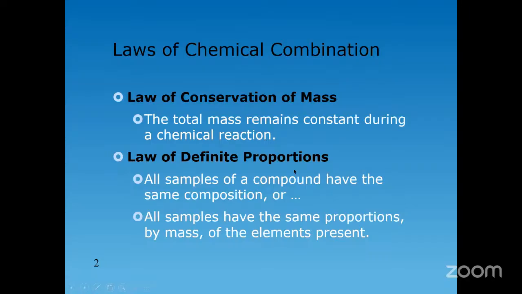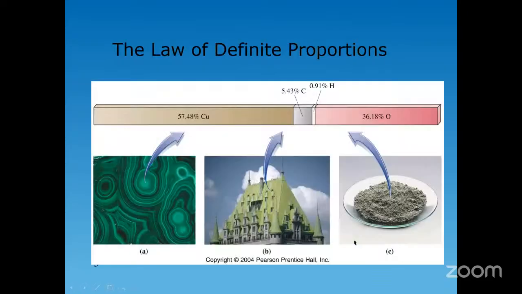Then the next law is the law of definite proportions, right? What this law says is that all samples of a compound have the same composition. Another way of stating it: all samples have the same proportions by mass of the elements present. Here's an example of a compound. I think this is copper(II) hydrogen carbonate.